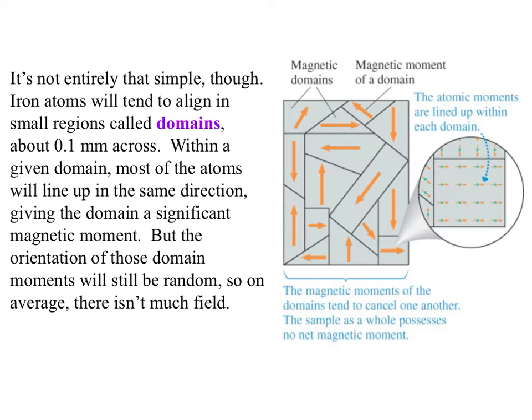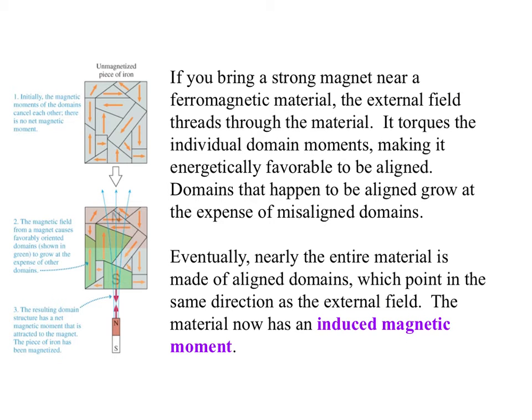Now we have these little abstractly shaped regions that all have their own moment, but they're not particularly aligned with each other. Within a given domain, all the atoms are more or less aligned. But if you bring a strong enough magnet near a ferromagnetic material, the external field threads through the material. It torques the individual domain moments, remember we talked about that, making it energetically favorable to be aligned.